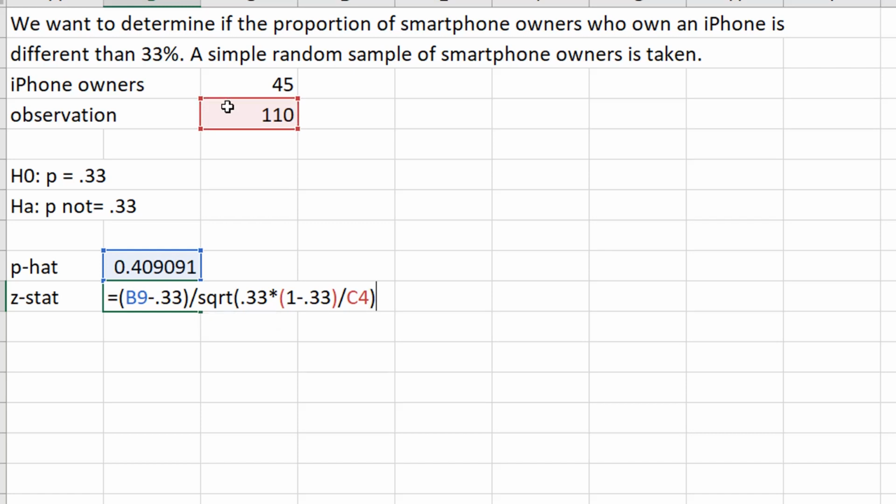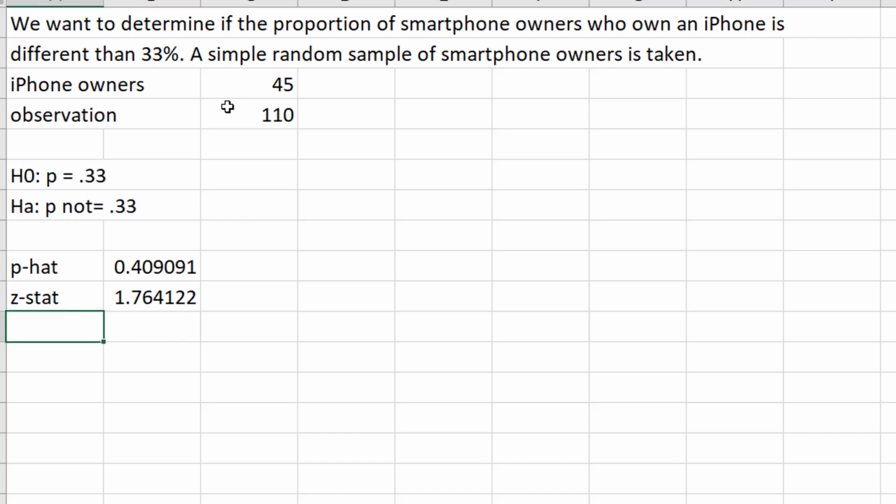This is how you calculate the standard error. That is the denominator: the null proportion times 1 minus the null proportion divided by the sample size, the square root of that whole thing. Here's my z statistic.